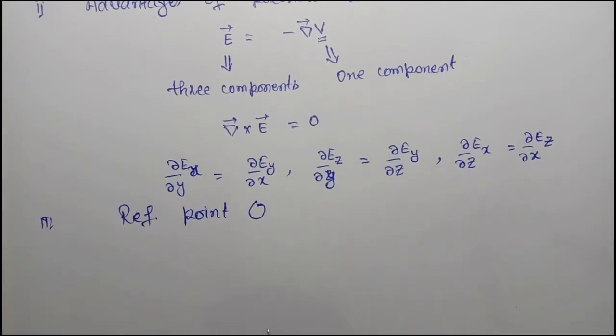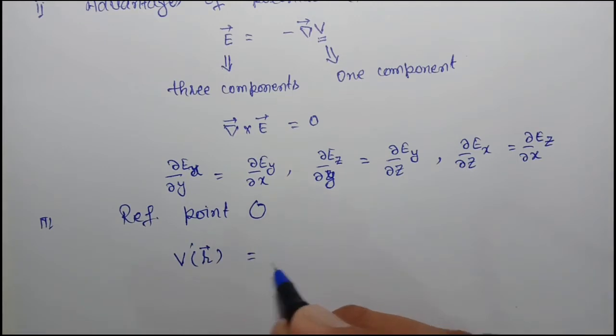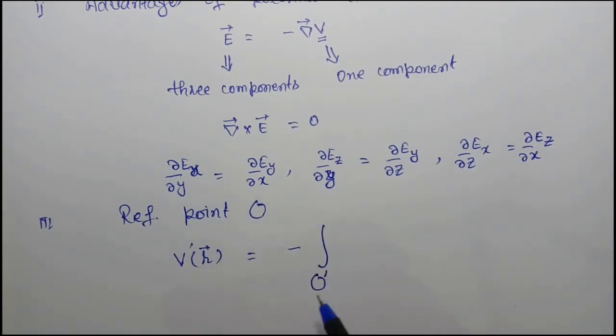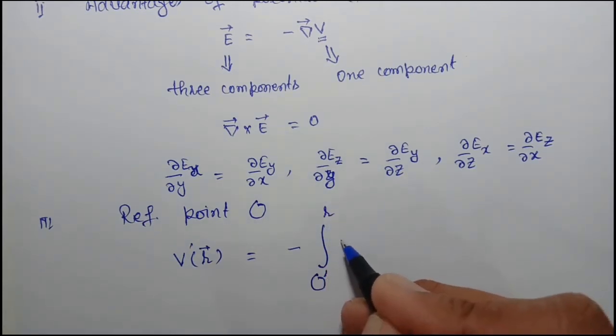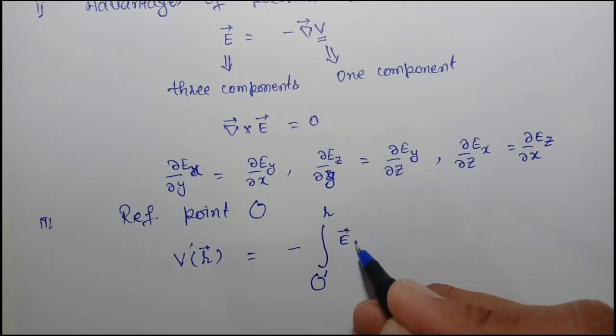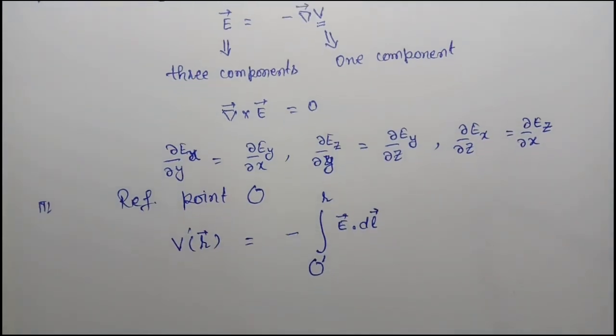So it simply means, even if we change the reference point, for example, suppose we have V dash R, or instead of using O, if we use O dash, and the limit varies from O dash to R, and here we have a line integral of E dot dl.